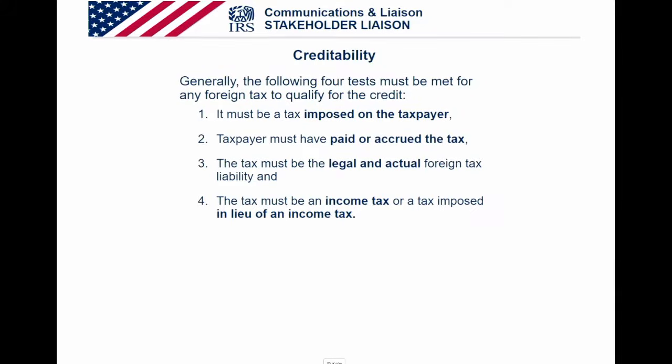Now, Notice 2023-55, which was released back in July 2023, provided relief for taxable years beginning on or after December 28, 2021, and ending on or before December 31st, 2023. So basically relief for the 2022 and 2023 calendar years.